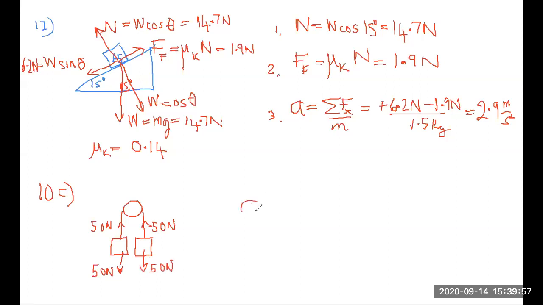Okay, so now let's just change 10C a little bit. I'm going to put in two pulleys, but still that one piece of string, right? It goes over the two pulleys. So you probably would agree that this is also still 50 newtons and 50 newtons, right?